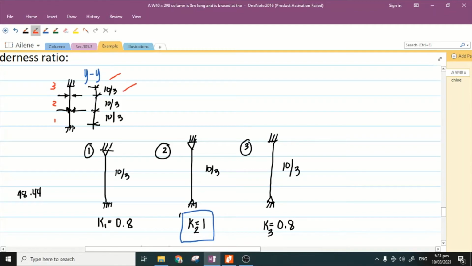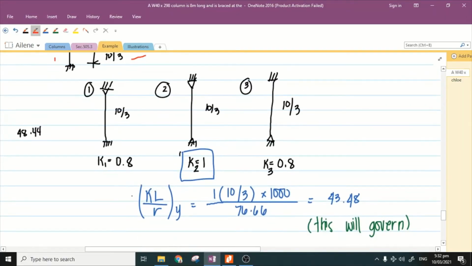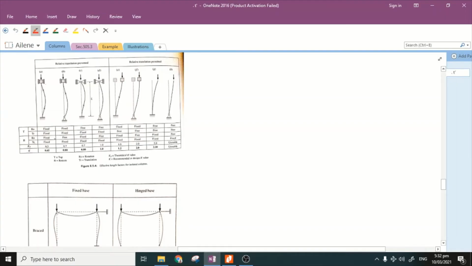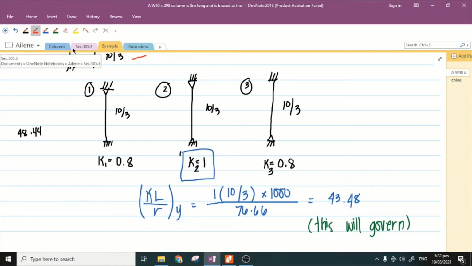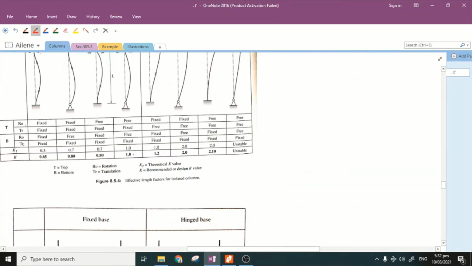Since pare-pareho naman yung unsupported length niya, ang gagawin na lang natin para ma-identify yung mag-govern na slenderness ratio, ipag-compare na lang natin yung K values niya. So, sa number 1, we have a value of 0.8. Kapag yung both ends is fixed, free ay pin, that is 1.